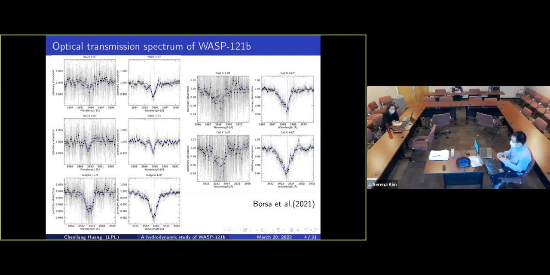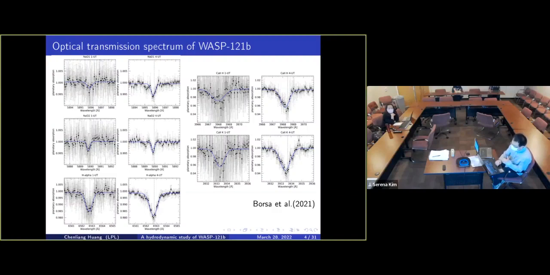It was observed by the ESPRESSO spectrograph on VLT. They observed 2 transits of the system. And also for the same star and planet system, Cabot et al. 2020, who gave a talk last week, used the HARPS spectrum to also detect the H alpha and the sodium in this system.